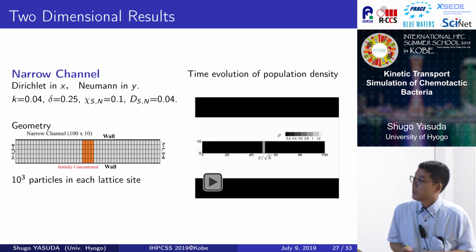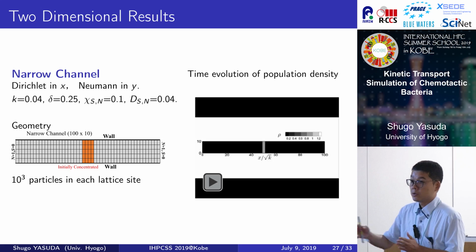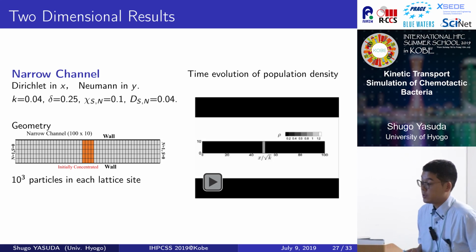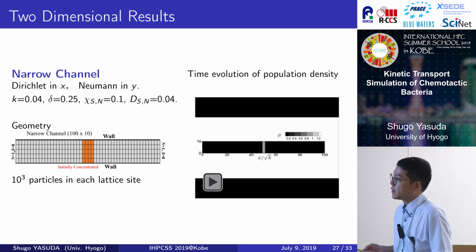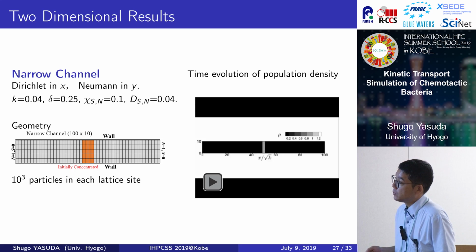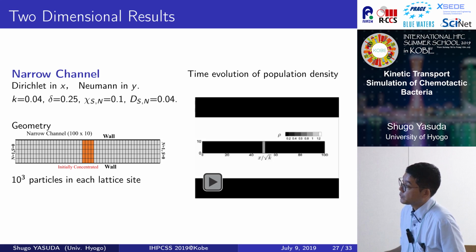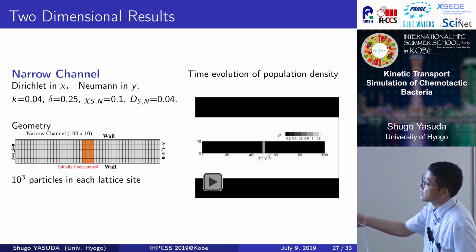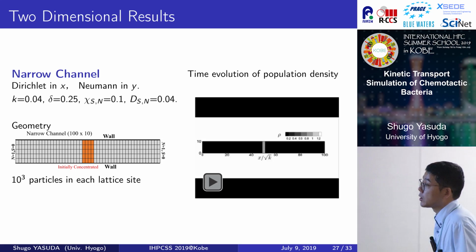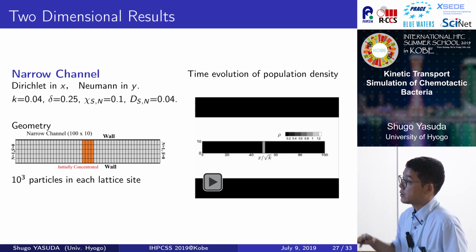Okay, I skip this. Next, I aim to reproduce the pattern formation observed in the experimental system. We choose these parameters, and this is the geometry of the simulation. We create a narrow channel with two parallel plates. At the wall, the boundary condition for the chemical concentration is Neumann.